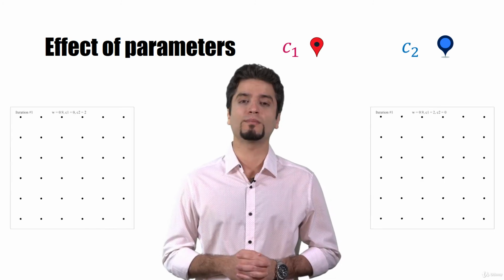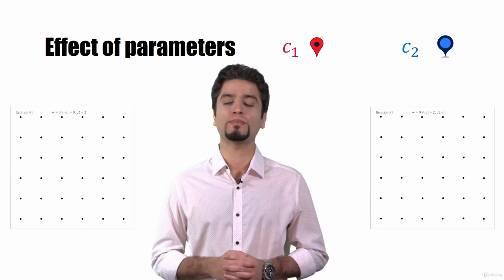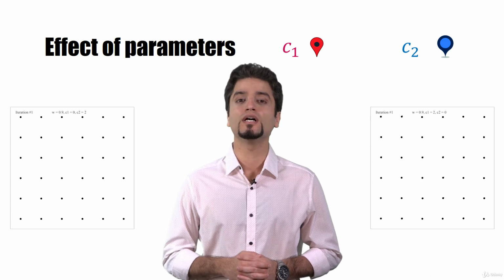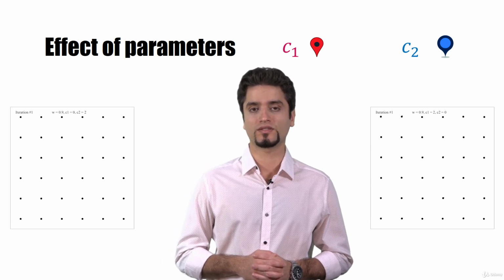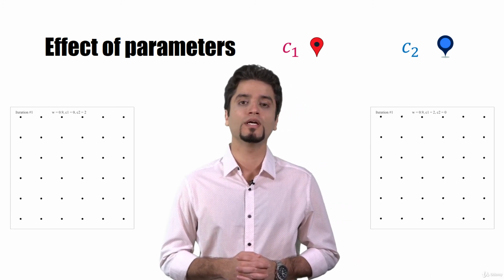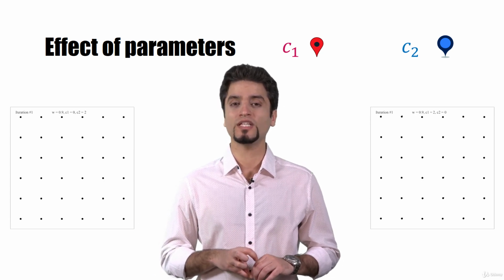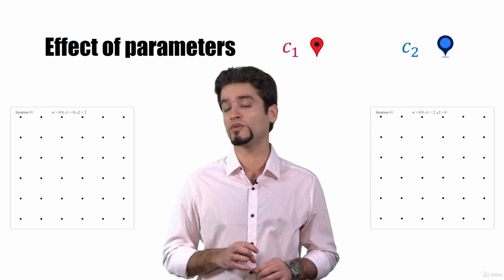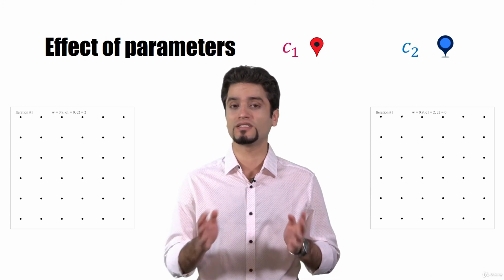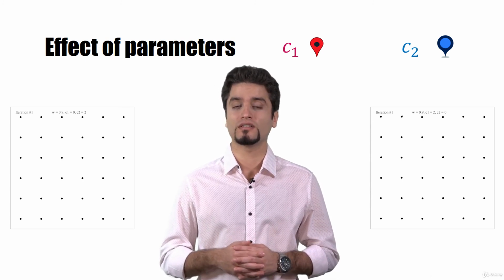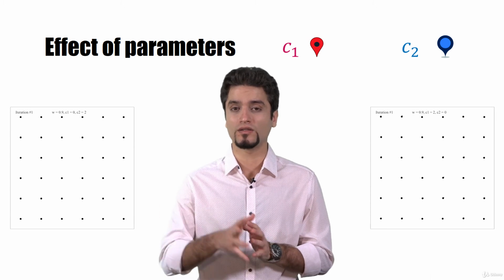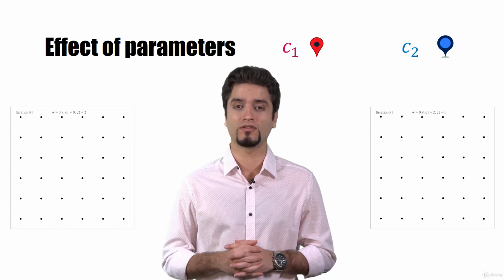In the last experiment, we are going to find out the impact of C1 and C2 on the performance of the particle swarm optimization algorithm. On this side, we are going to run the PSO with C1 equal to 0 but C2 equal to 1. That means there is no individual component and every particle follows the best solution obtained so far.